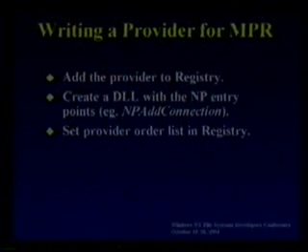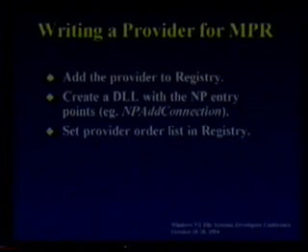All right, I'm going to quickly go into what it takes to write a provider for MPR. It's actually fairly straightforward. You start by writing a redirector, of course. That's something that Bill will talk about later. Once you have a redirector, you need to register your provider with MPR by writing to some part of the registry. It's somewhere in the registry tree, and it's all in the specs if you need to look it up. Then you create a DLL with the appropriate entry points.